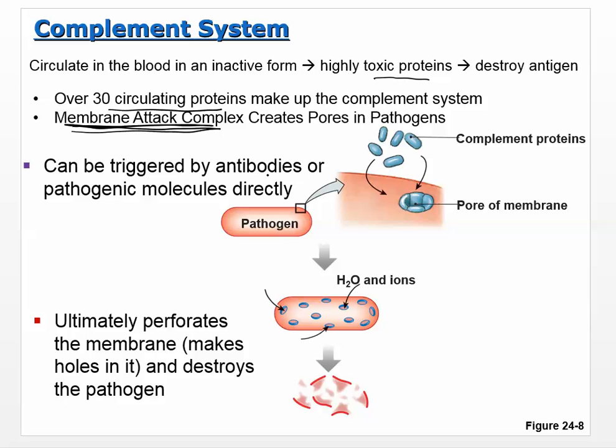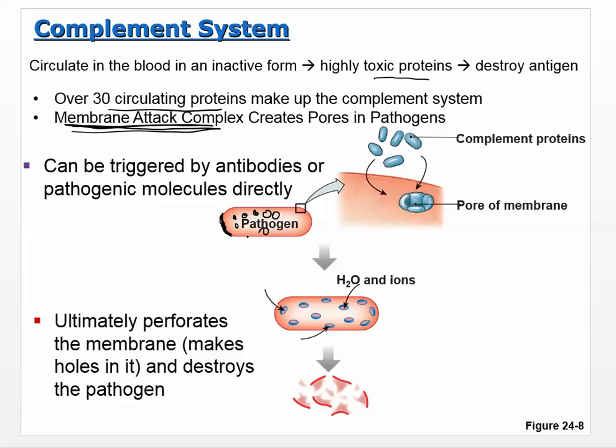We just mentioned that antibodies may label the pathogen and say, hey, this one right here, complement, you need to take this one out, and that can trigger it. Or some of the complement proteins, without even antibody being there, might recognize it as being foreign itself, as being non-self, and take it out that way.